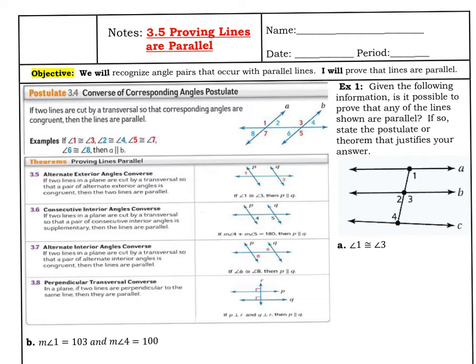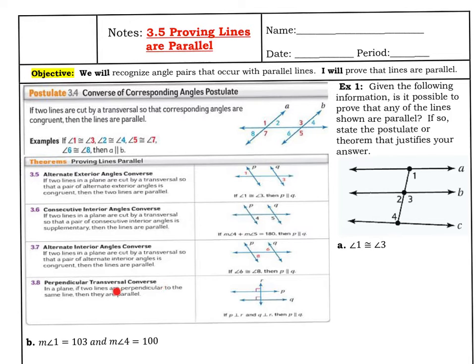And these other ones say essentially the same thing. If you have congruent alternate exterior angles, then you know your lines are parallel. If you have supplementary consecutive interior angles, or same side interior angles, then the lines are parallel. If you have congruent alternate interior angles, then your lines are parallel.